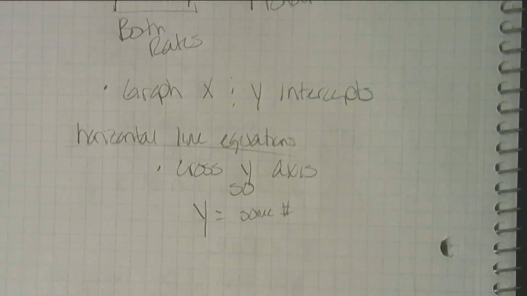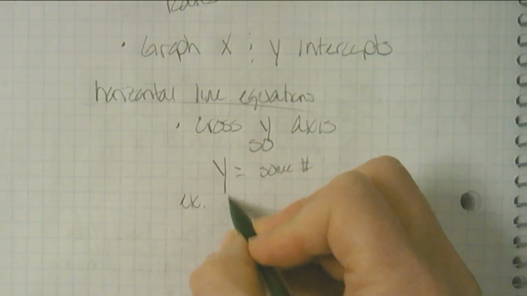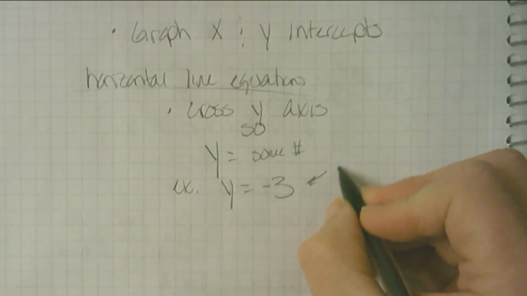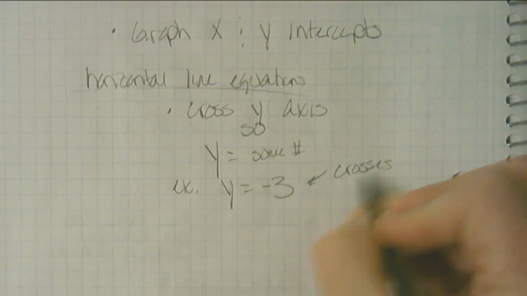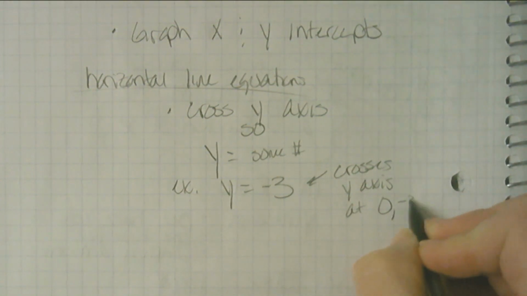That's one way to remember what a horizontal equation is. For example, y equals -3. This line crosses the y-axis at (0, -3).